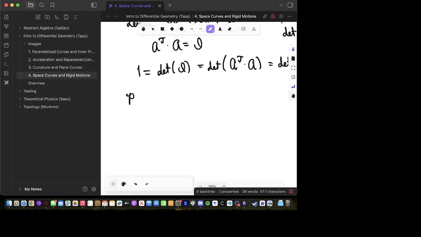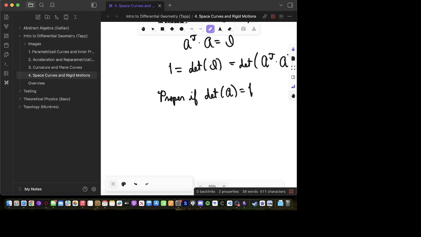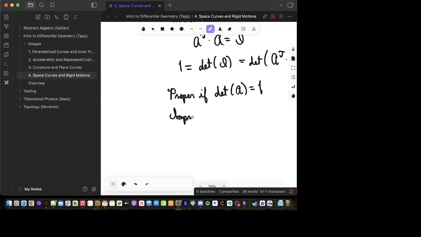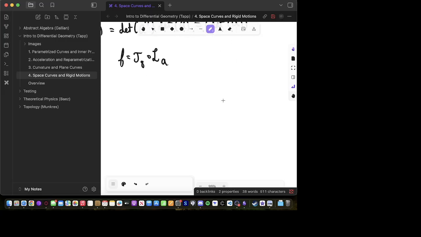So we call the rigid motion proper if, for the rigid motion F equals translation composed with LA, the determinant is 1, and it is improper if the determinant is equal to -1. And what's an example of an improper rigid motion?